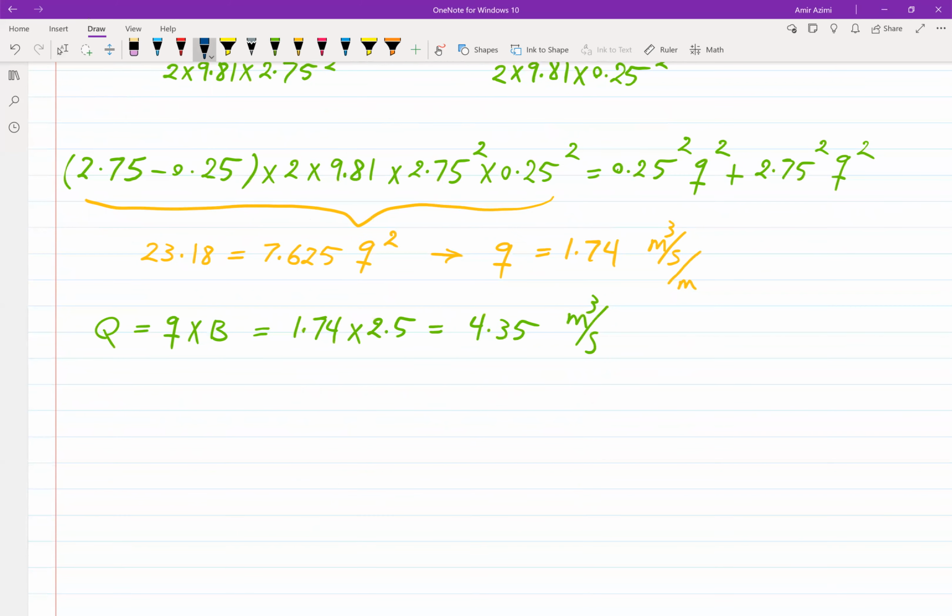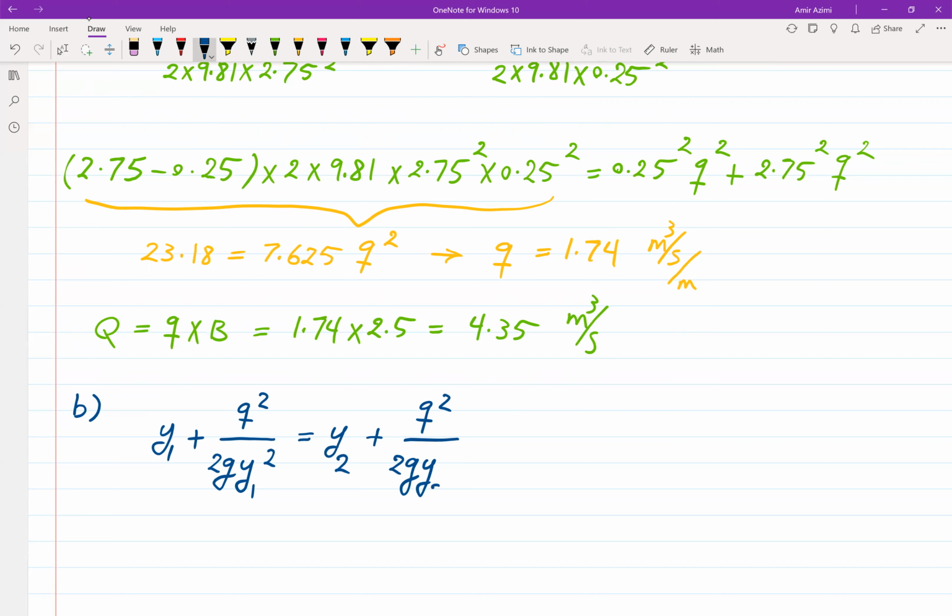So we go to part B, where the energy loss is actually equal to 10% of y1. So then we have y1 plus q squared divided by 2g y1 squared is equal to y2 plus q squared divided by 2g y2 squared plus energy loss.